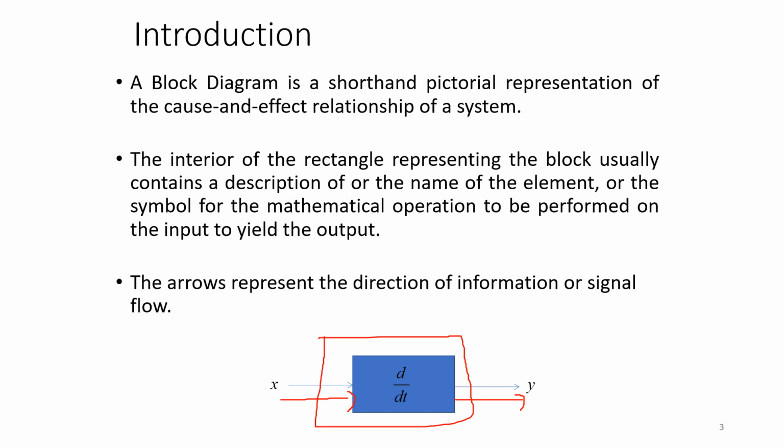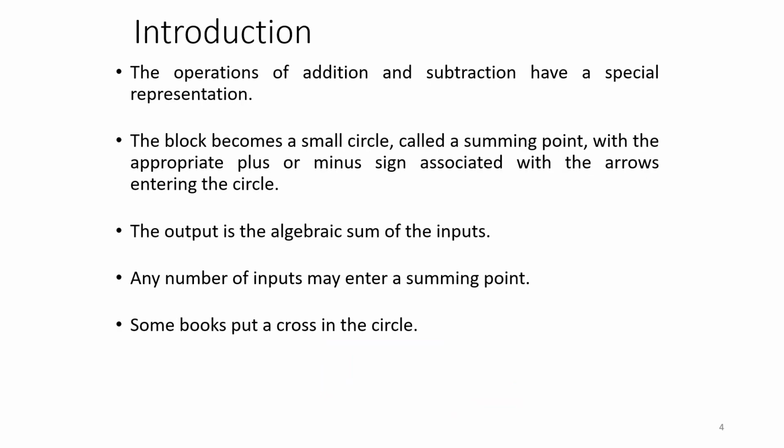Now similarly, if I take operations like addition and subtraction and want to represent them in a block diagram form, the block becomes a small circle called a summing point.